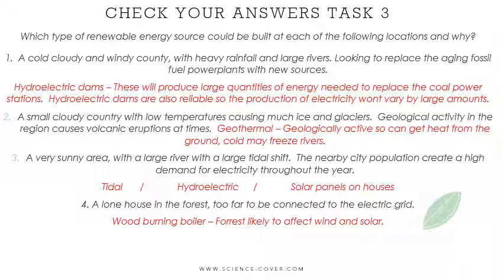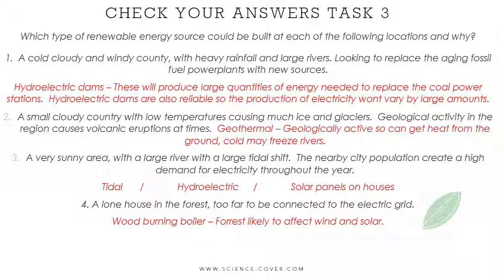A very sunny area with large river and large tidal shift, a nearby city population creates a high demand for electricity throughout the year. We could place solar panels in the region, but solar panels won't meet the high demand for electricity, so we're probably best turning to tidal or hydroelectric.